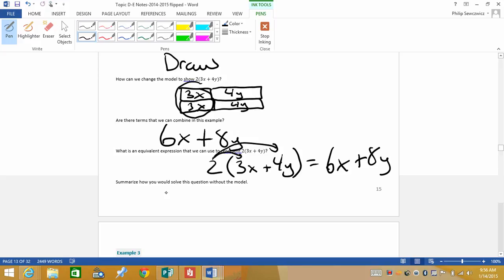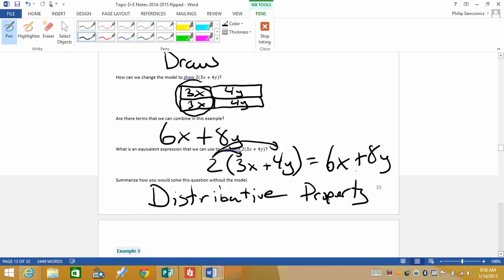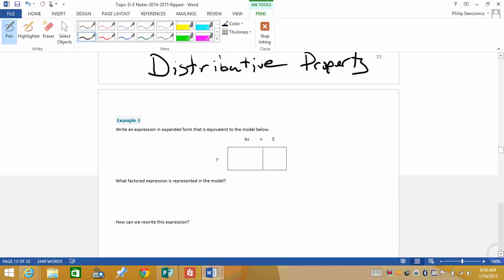So, to summarize, how would you solve this question without the model? The phrase here is our old friend, can you finish it? Oh, good for you. Yes, good for you if you said distributive property. That's what we are after here. The distributive property is going to speed things up because we don't have to do all of our drawings to go along with it.